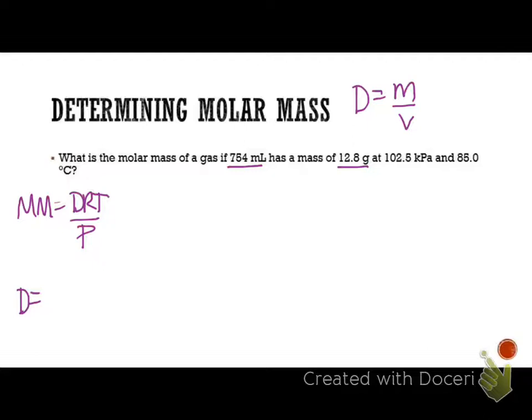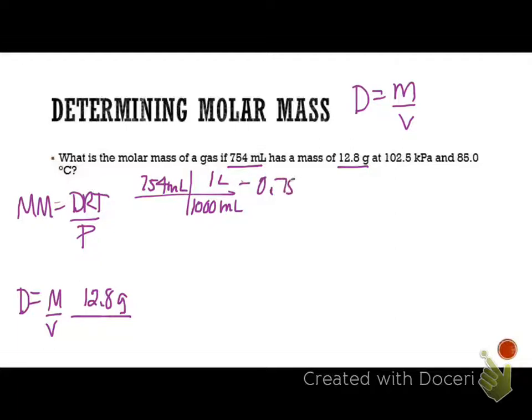So we're going to calculate our density real quick. M over v. So our mass was 12.8 grams, but our volume is in milliliters. And in gases, we're going to need this to be in liters. So we need to do a quick conversion and say 754 milliliters, we need to convert that back to liters. There's 1,000 milliliters in 1 liter.